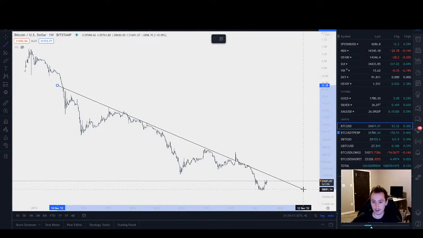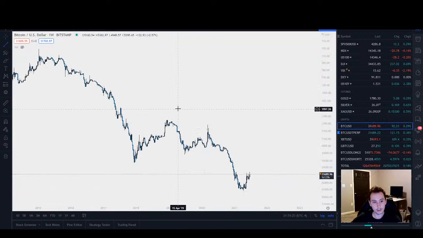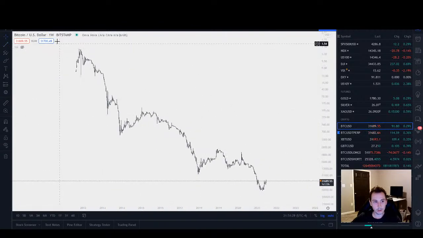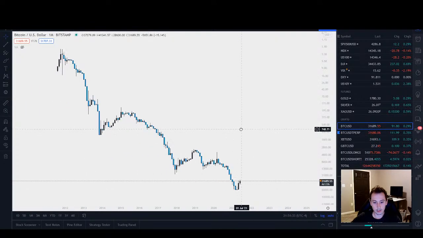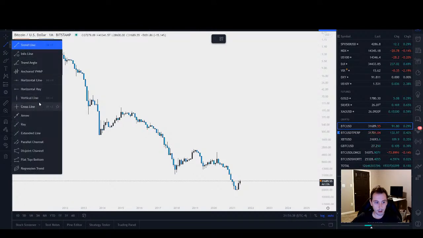Okay, so you draw this line in. It doesn't have to be super accurate, but I'm a bit of a perfectionist. Let's zoom in a little bit. You know what, we could even go to the monthly to help us get a level in. This is the monthly chart. Let's draw it as a ray. No, we'll draw a line.